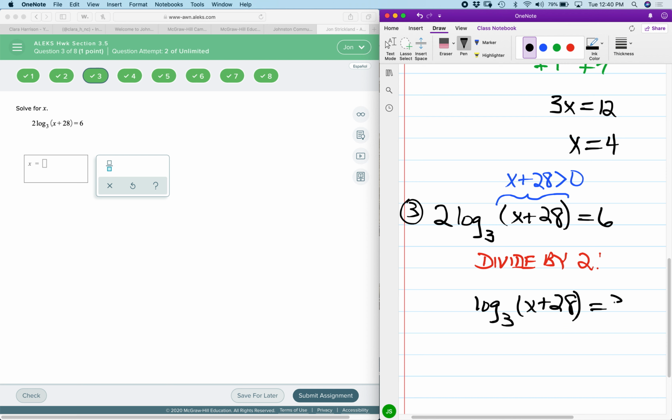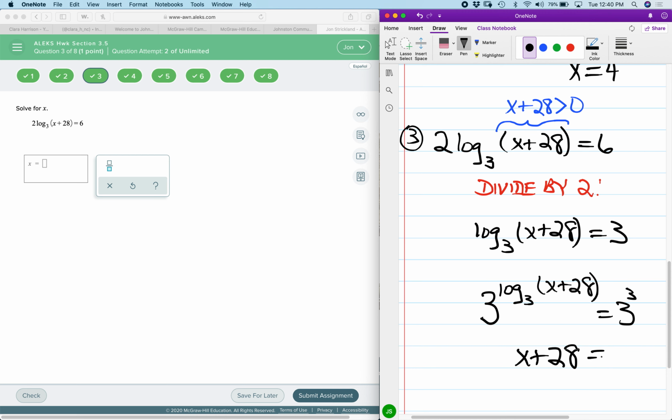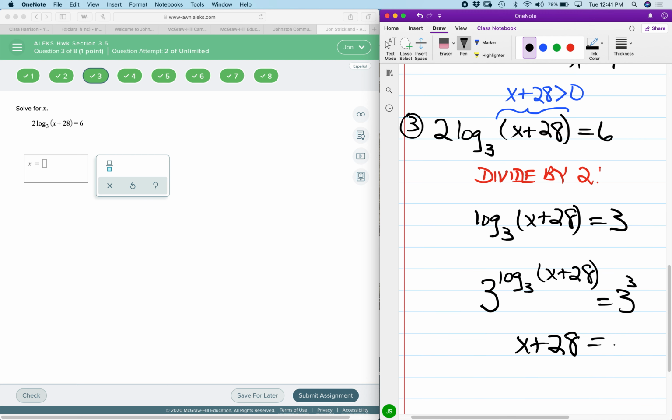is equal to 3. And freeing up the x plus 28, we have a logarithmic term with the base 3 logarithm, and I'm going to treat both sides as powers to which the exponential base 3 is raised. On the left-hand side, we have x plus 28, and on the right, we have 3 cubed, which is 27. So x plus 28 is equal to 27, and from this, x is equal to -1.